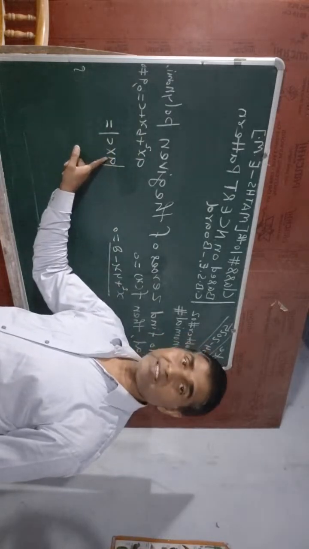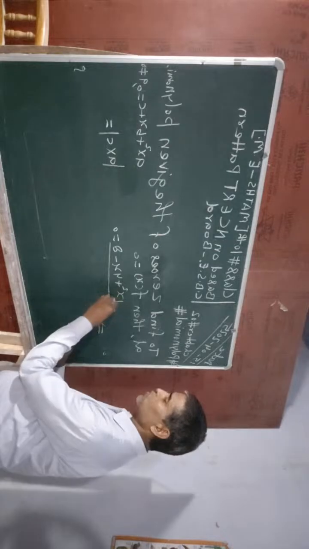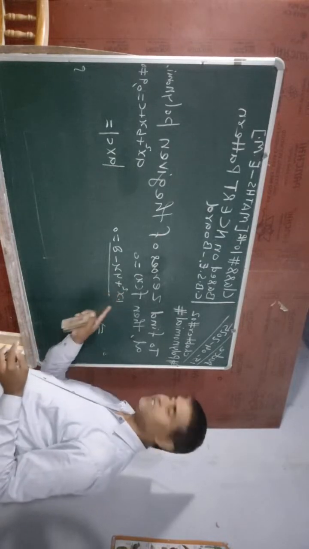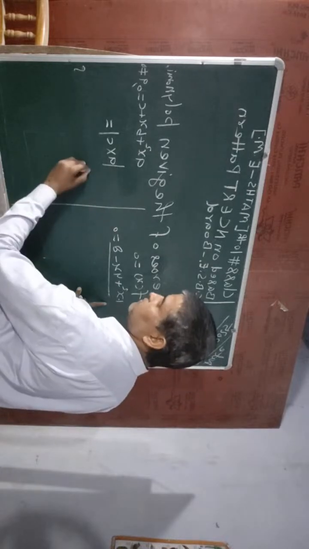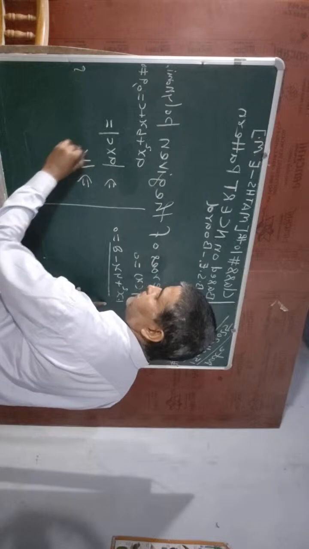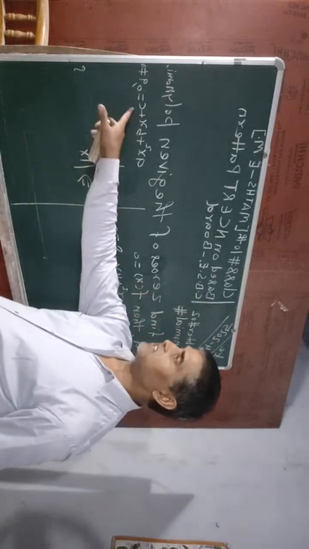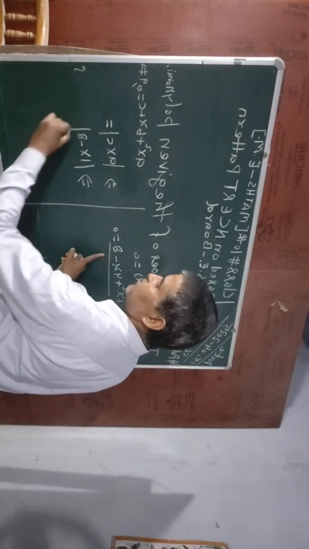The coefficient of x square is 1, and the constant term is minus 8, so I will multiply them.